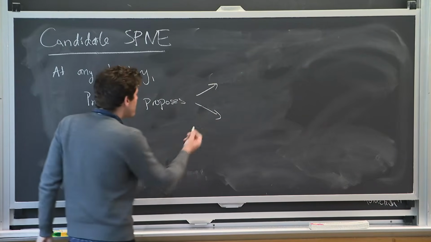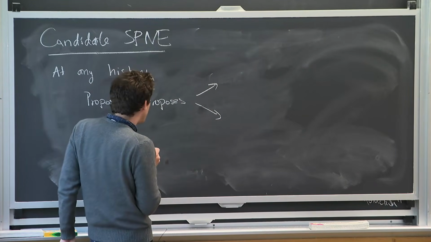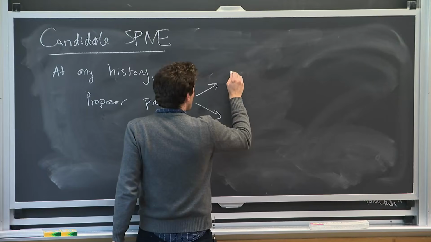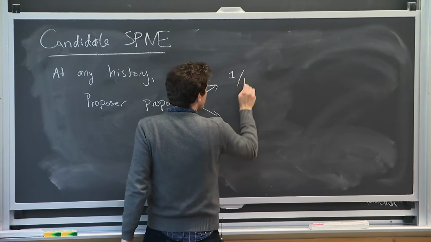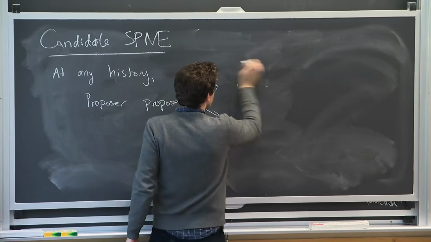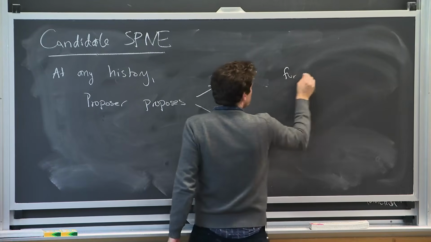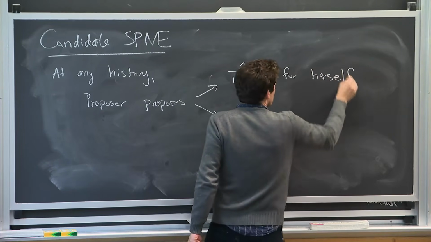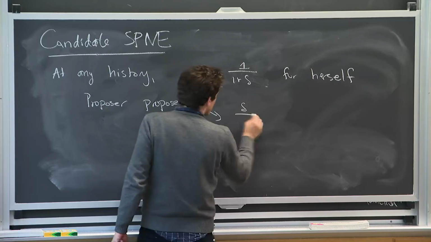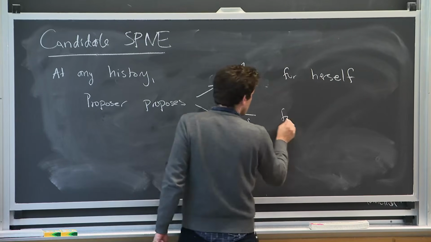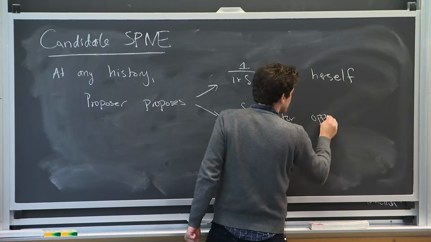In fact, it's going to be exactly, and this is a formula we saw in class a few weeks ago, 1 over 1 plus delta for herself, and then delta over 1 plus delta for the opponent.